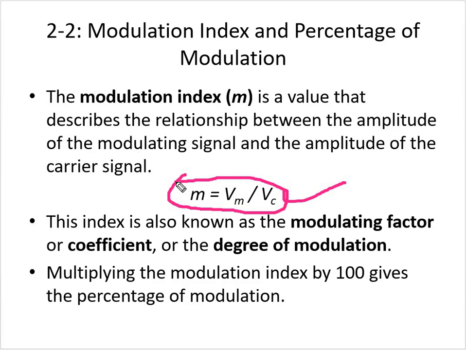So on the basis of this modulation index we can decide. Multiplying the modulation index by 100, it will give us the percentage of modulation. So in this slide we are discussing modulation index and percentage of modulation. If we multiply this m with 100, it will give us percentage of modulation.